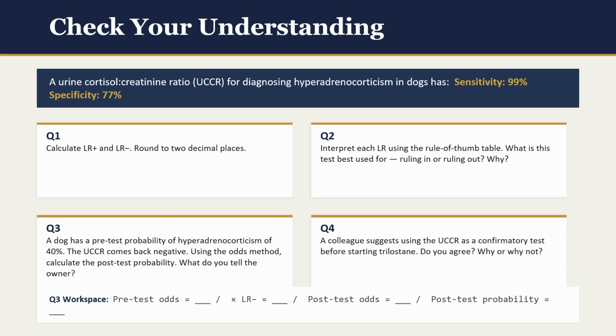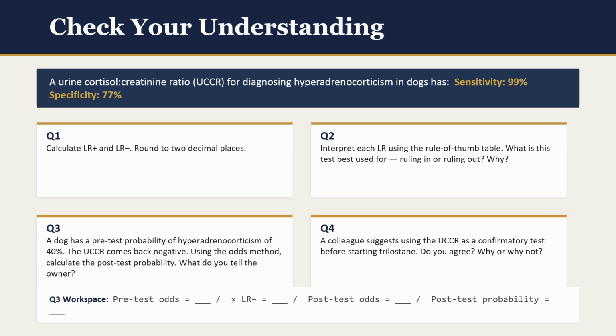LR positive equals sensitivity divided by 1 minus specificity equals 0.99 divided by 1 minus 0.77 equals 0.99 divided by 0.23 equals 4.3. LR negative equals 1 minus sensitivity divided by specificity equals 1 minus 0.99 divided by 0.77 equals 0.01 divided by 0.77 equals 0.013.